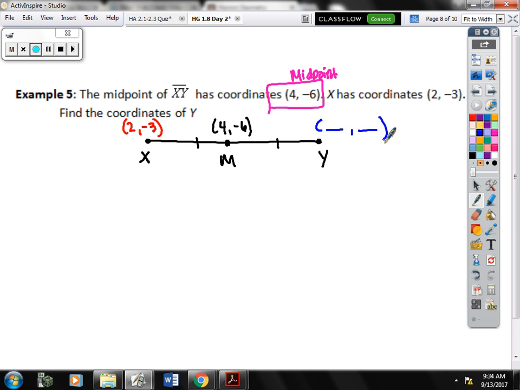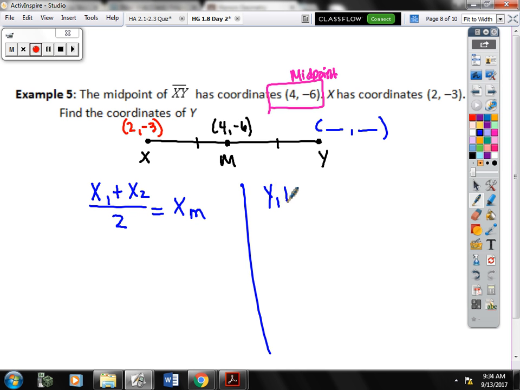Okay, now I'm going to show this one algebraically, and then I'll show it with the pattern, since I did the pattern for the other ones. So if you're doing the algebraic version, you're going to use the formulas: (x1 + x2) divided by 2, set equal to x sub m, and (y1 + y2) divided by 2 equals y sub m.